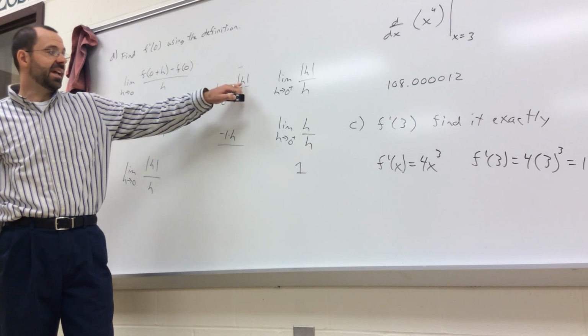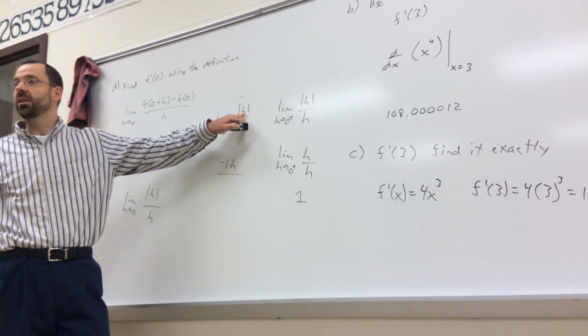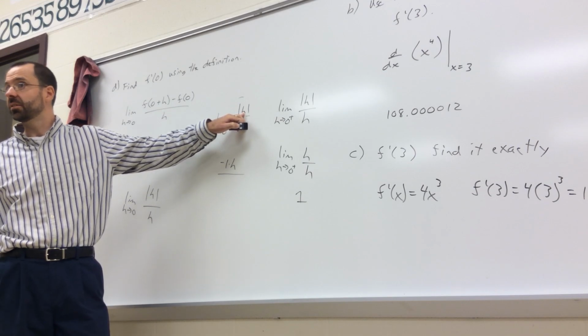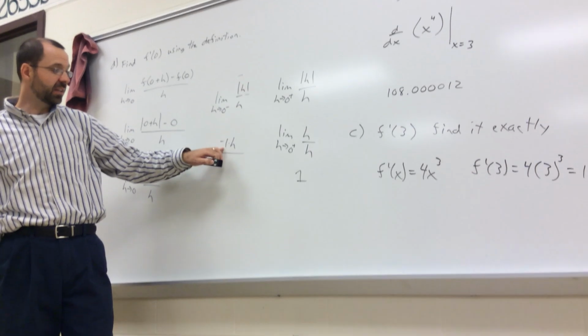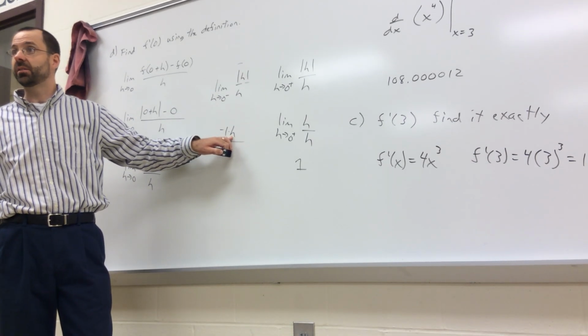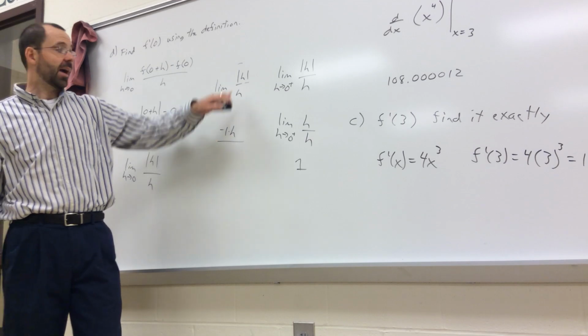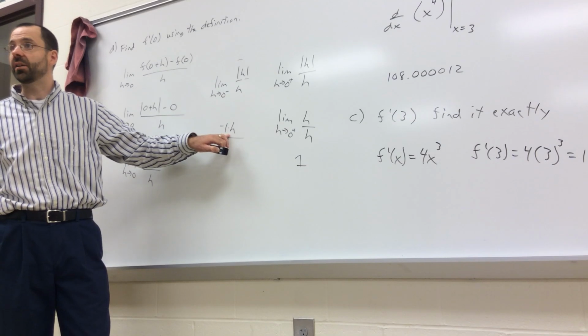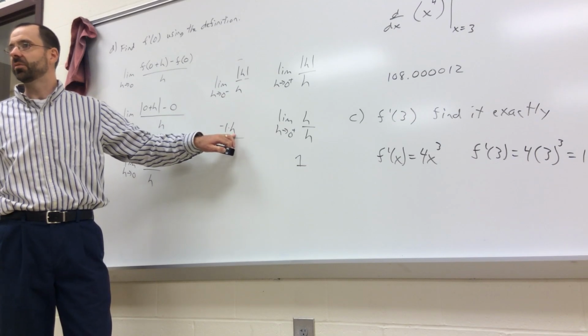So for example, let's say h was negative 3. If I take the absolute value of negative 3, that gives me 3. Or if I take negative 1 times negative 3, that also gives me 3. So absolute value behaves exactly the same way as multiplying by negative 1, as long as you have a negative number.